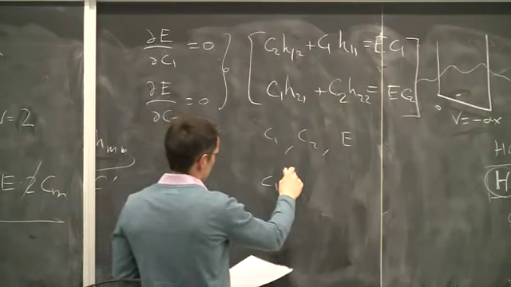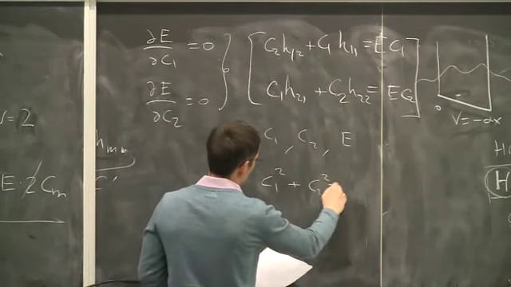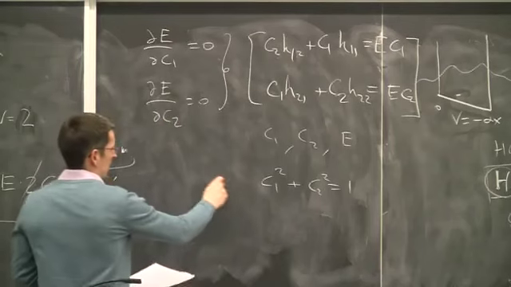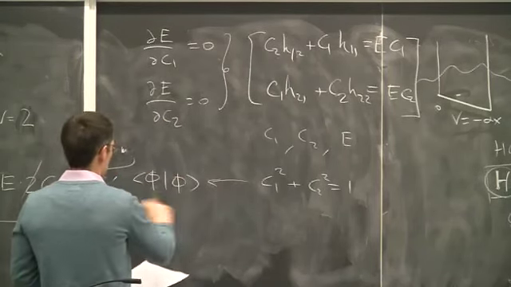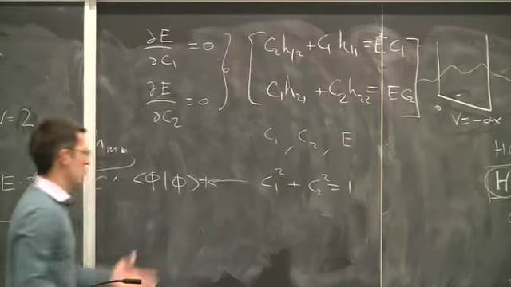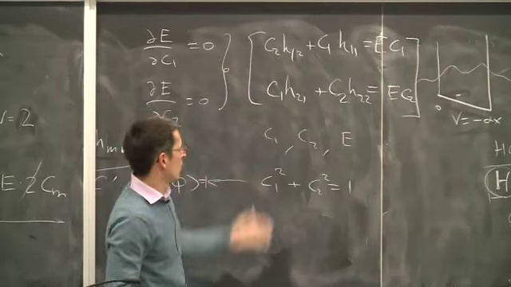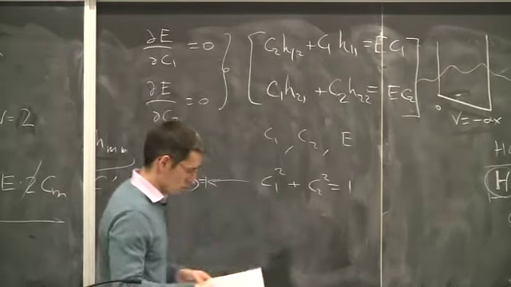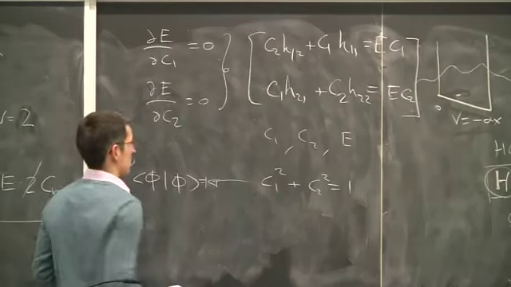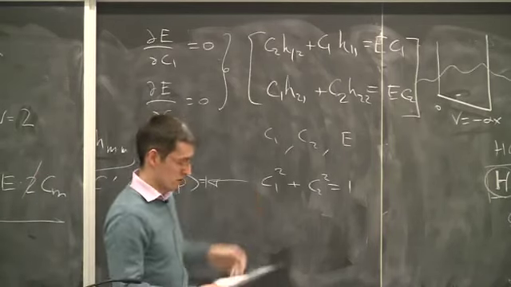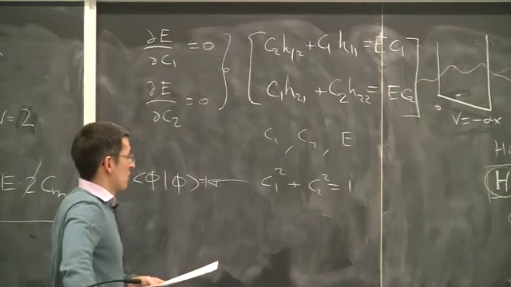Also, because of the normalization condition, C1 squared plus C2 squared equals 1. That comes out of essentially expanding this to be 1. All right, so we have three equations, three variables, so we are good to go. So we can solve this system of equations and find what the coefficients are.